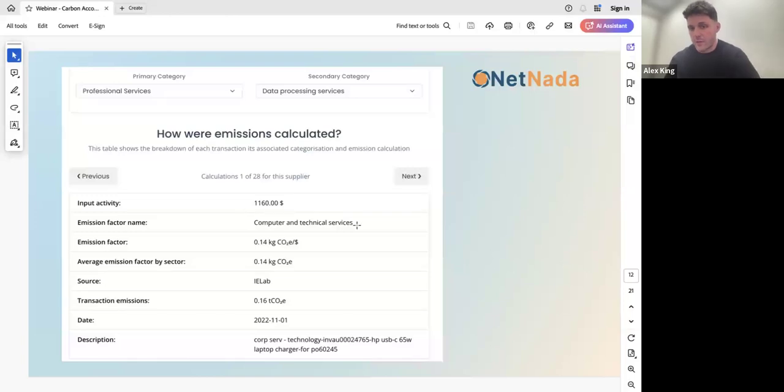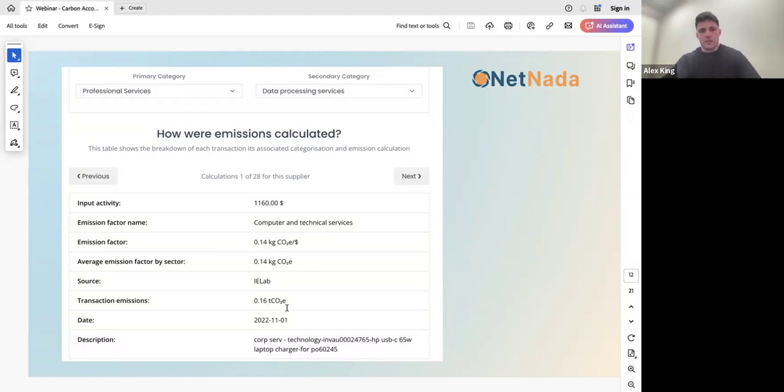So for this example, it's computer technical services. $1,100 spent is applied against the emission factor, and that gives us 0.16 CO2e, or tons of carbon emissions. Now, if you think about all the activity of a business applied against this model, every single piece of expenditure is put against an emission factor, which then gives us the transaction emissions.